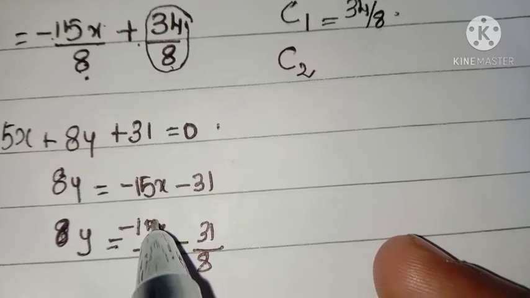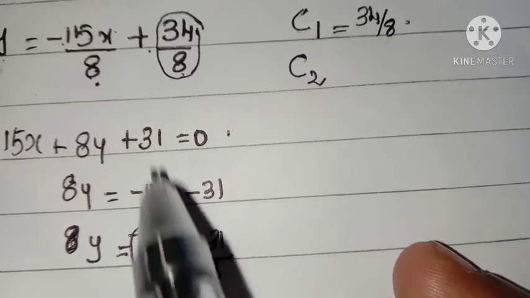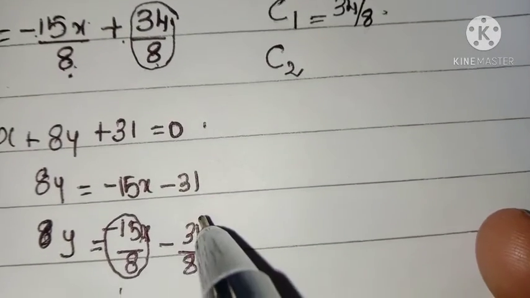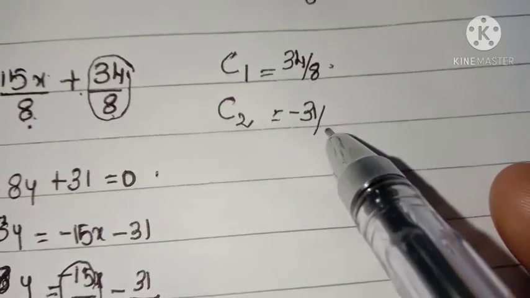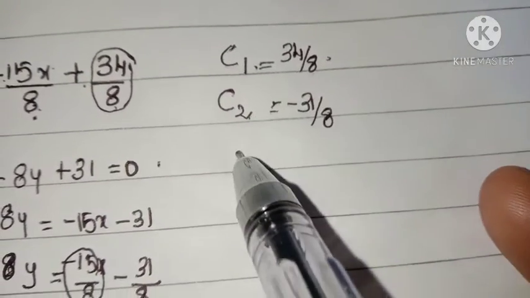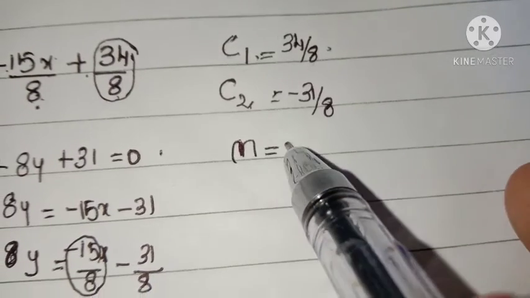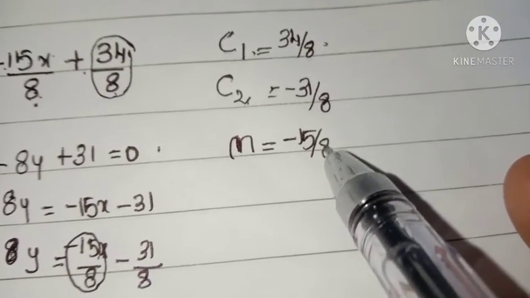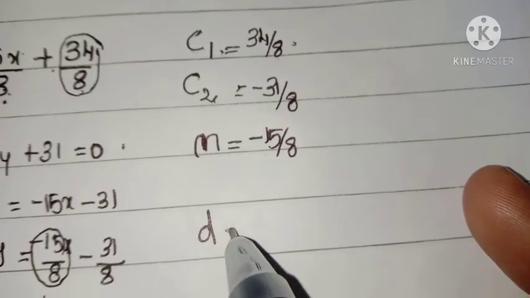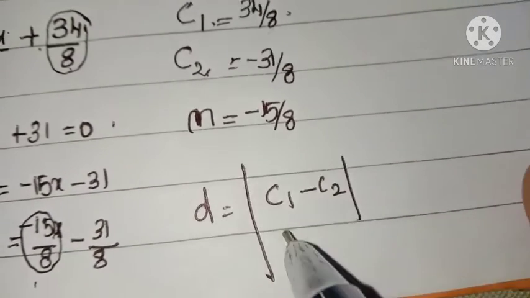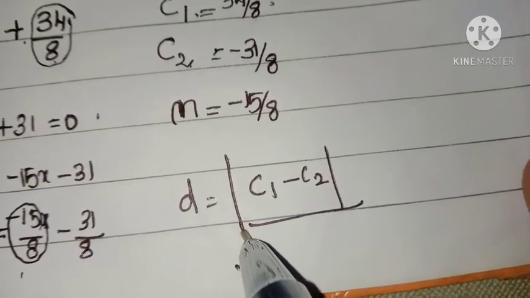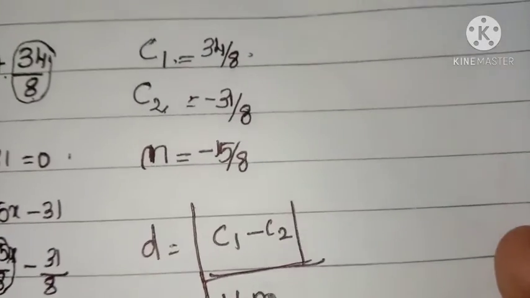Listen, here also the slope is the same, isn't it? Now take this negative 31 by 8 as C2. So C1, C2 and m. What is m? Minus 15 by 8. So what is the distance between parallel lines? It is modulus of C1 minus C2 divided by root of 1 plus m square.